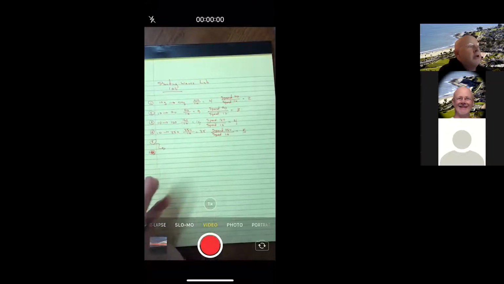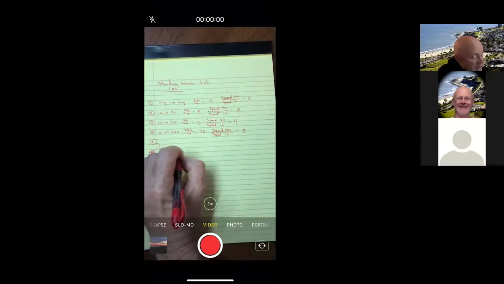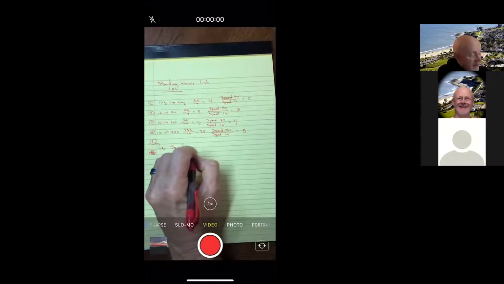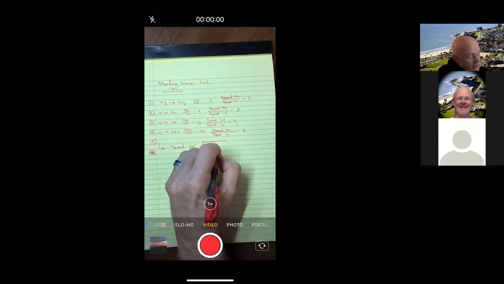It says, what do you conclude about the mathematical relationship between the tension in the string and the speed of the wave? So I would say, if you put it in symbols like this, the speed is proportional to the square root of the tension.